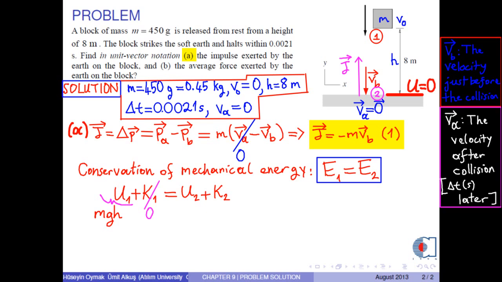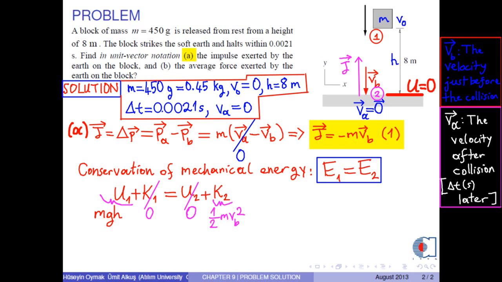The gravitational potential energy of the block at point 2, that is at the bottom, is 0. Then the kinetic energy of the block at position 2, just before the collision, is 1/2 m times Vb squared.